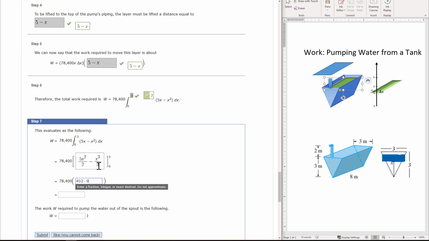We want common denominators here. Oh, when you put 0 in, you're going to get 0, so that's no big deal. That's no issue for us. So common denominators, we got 18 over 2, and then 45 minus 18 is 27. So it looks like this could be 27 over 2.